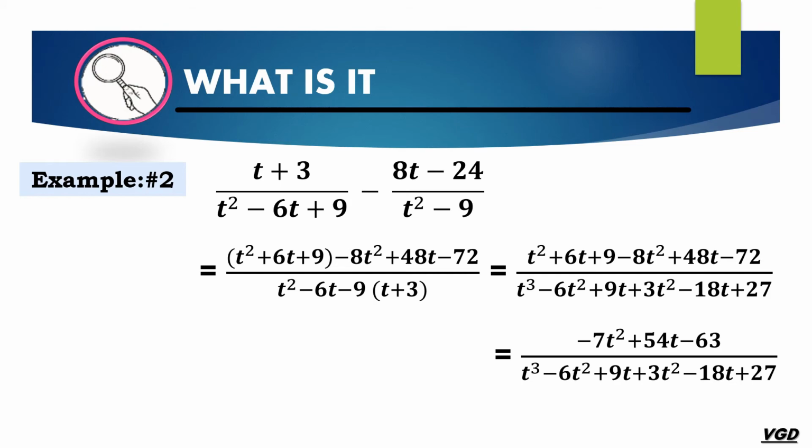Now let's proceed in evaluating our denominator. So we still also have to combine the like terms. So we have here negative 6t squared and positive 3t squared. Another common terms in the denominator is 9t and negative 18t.